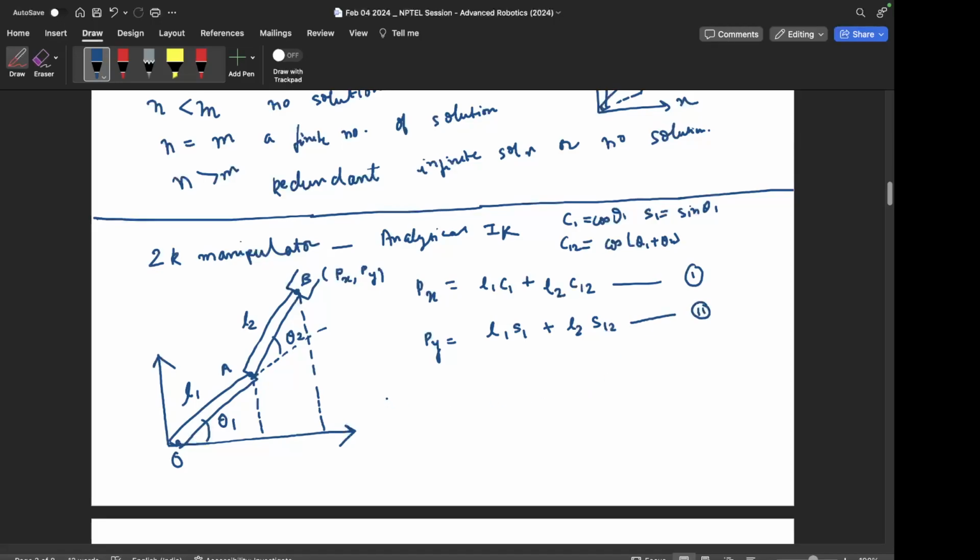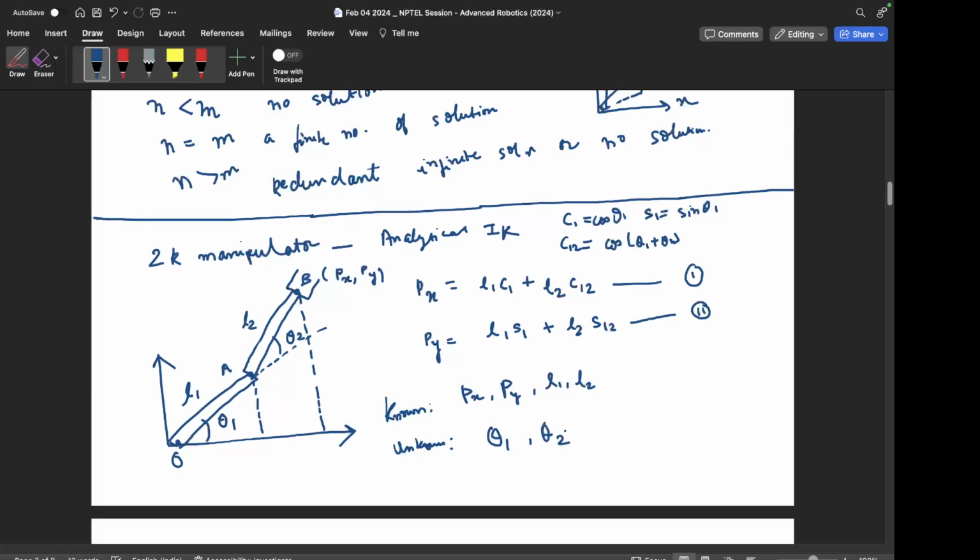So the known quantities are the end effector position, since we are doing inverse kinematics, and the link lengths. The unknowns are the joint angles theta 1 and theta 2.